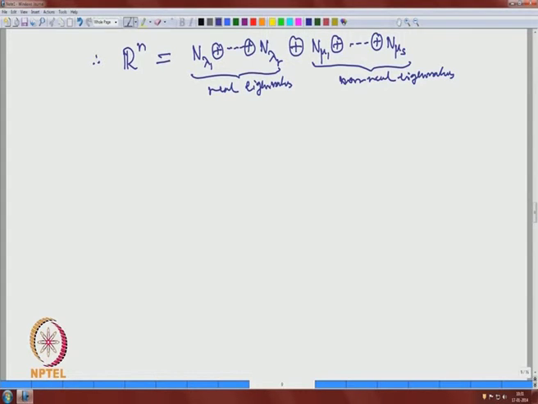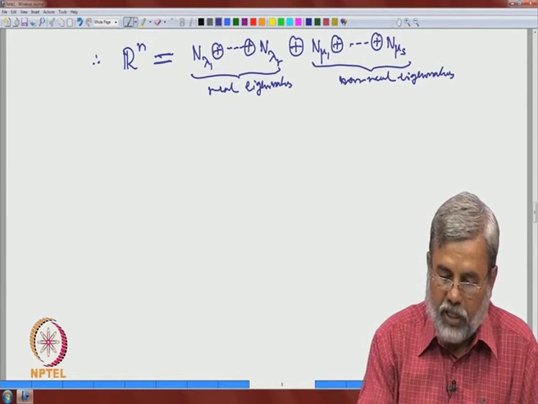And these dimensions perfectly match, and that is why we have this equality. And now you just use the fact we already stated, since all these subspaces are invariant.